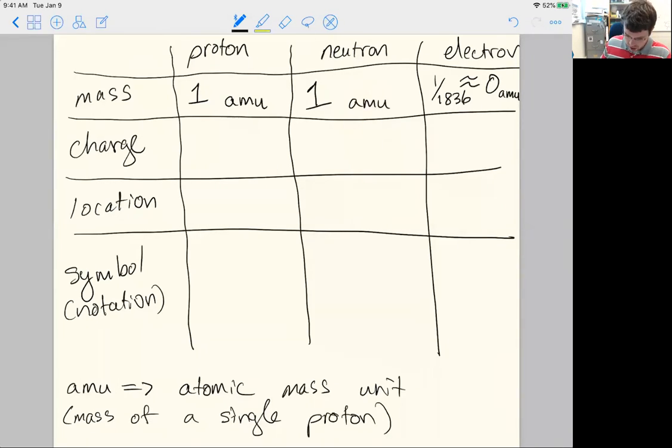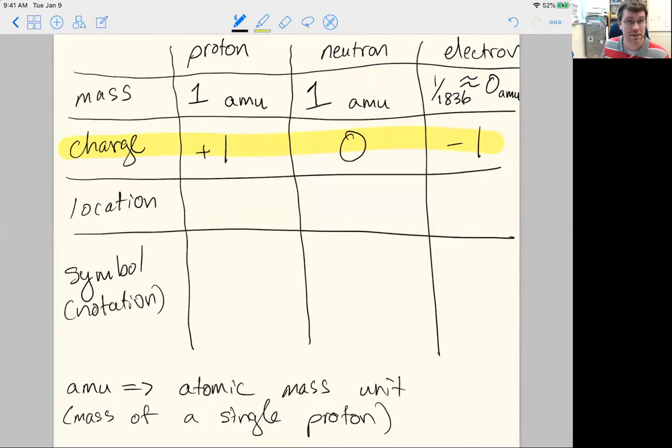So for charge, we're going to add +1 for the proton, 0 for the neutron, and -1 for the electron. All of these properties are pretty fundamental, but the charge is most important when thinking about the chemical properties of these things. So that's something we definitely want to get memorized as soon as possible.